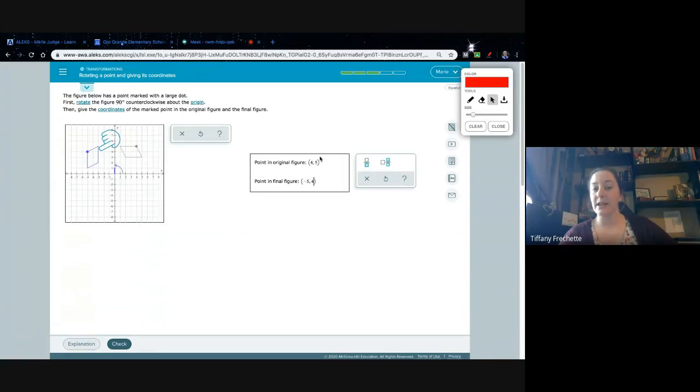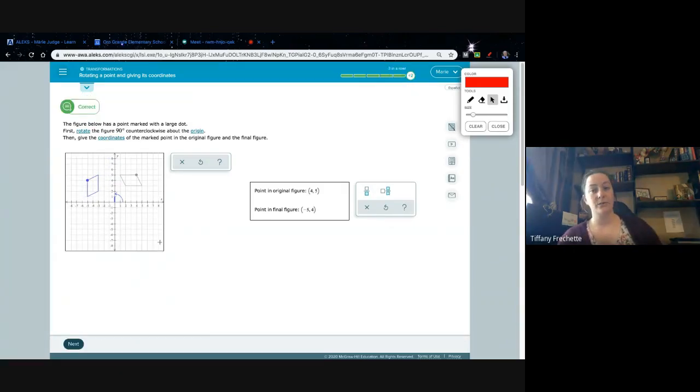So this one's very similar to the last one. They switch spots, and we're not writing out the full rule. We will get there eventually. I'm just showing you there is a relationship with the points on this one. As long as we're doing kind of simple turns, 90s, 270, 180, we do have simple rules on this. All right, let's click check. And we got through another one.